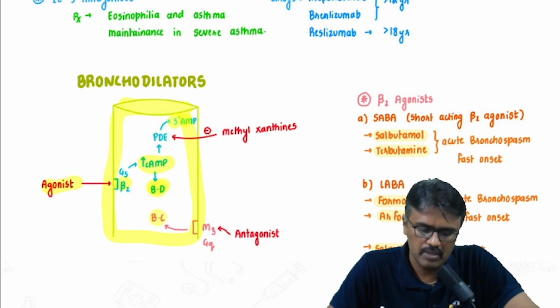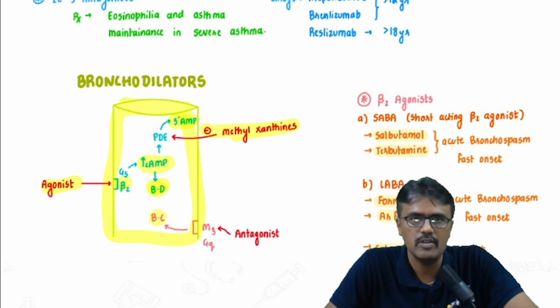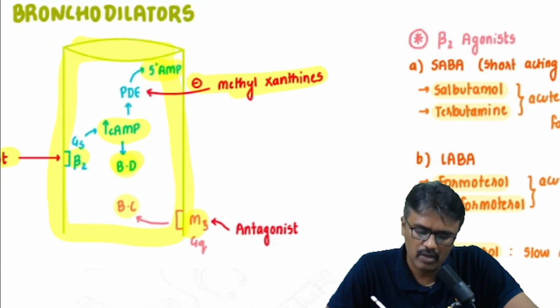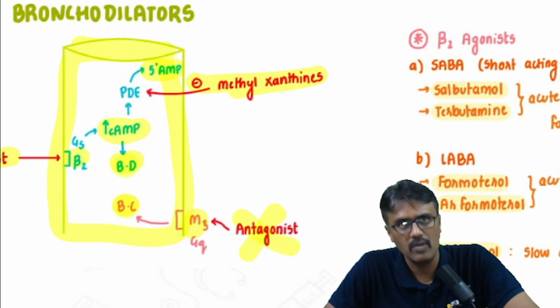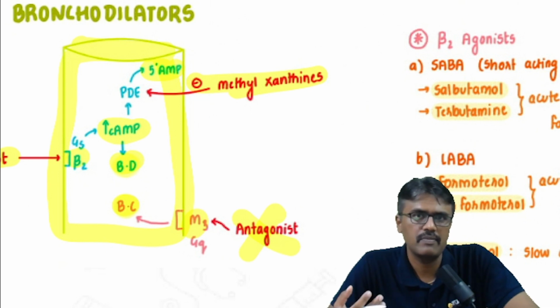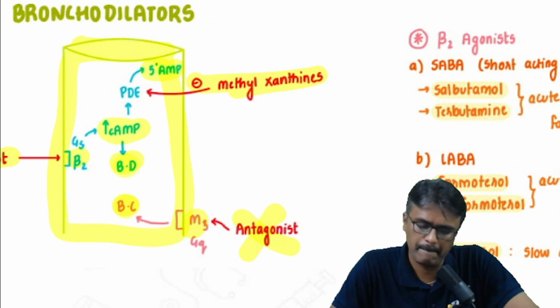Now cyclic AMP is broken down into 5-AMP, and if you inhibit that by methyl xanthines, they also cause bronchodilation. But the M3 receptor causes bronchoconstriction, so I have to block them. So we have M3 antagonists which are used for asthma and COPD. The major use of anticholinergics is mainly in COPD compared to asthma.